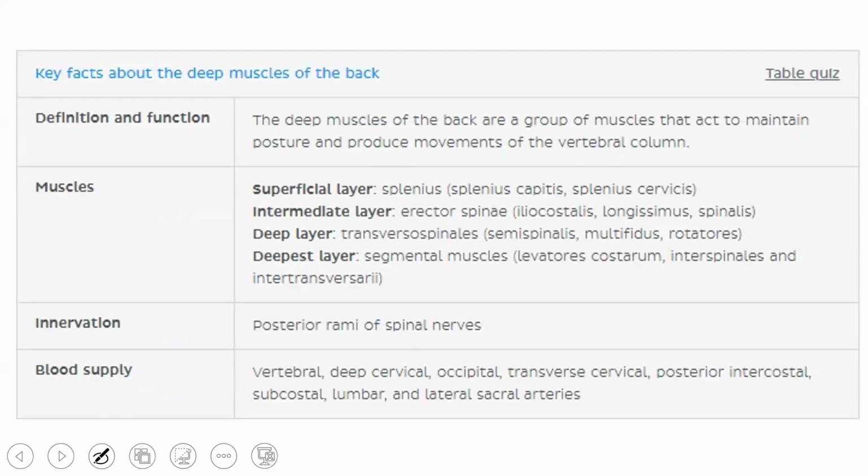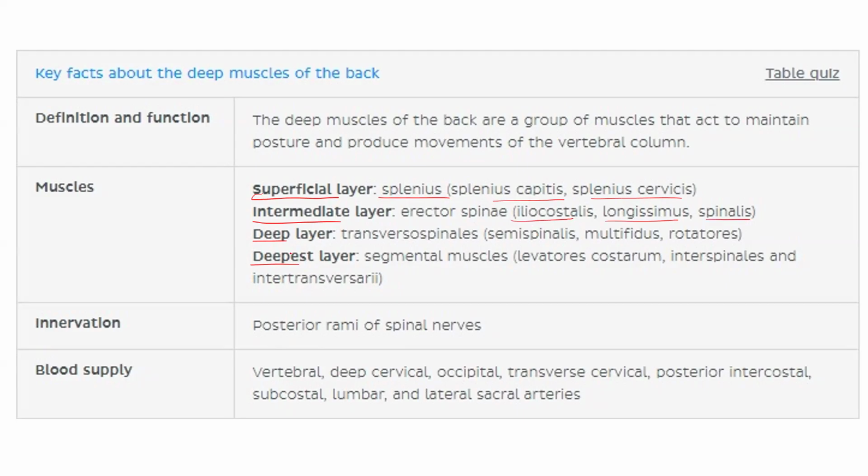They are usually organized into 4 layers: a superficial one, an intermediate one, a deep, and a deepest. The superficial one is the splenius group of muscles, and these include the splenius capitis and the splenius cervicis. The intermediate layer is composed of the erector spinae group, and these include the iliocostalis, longissimus, and spinalis.